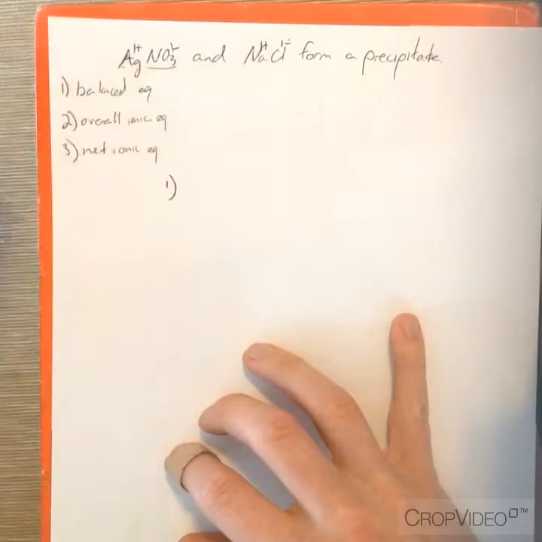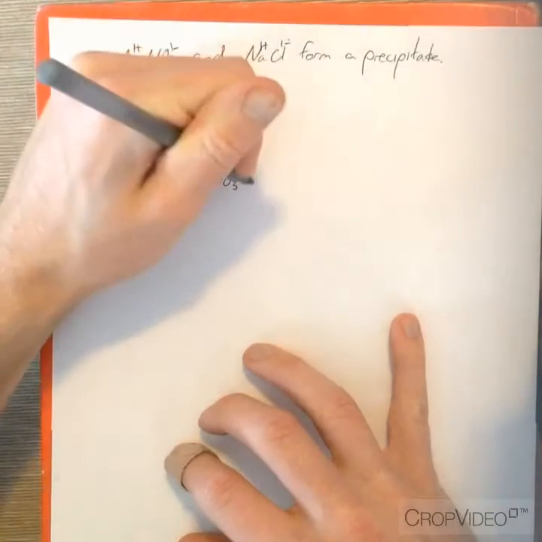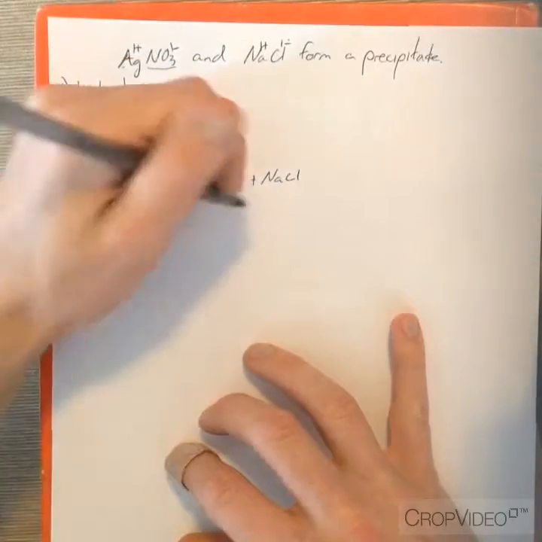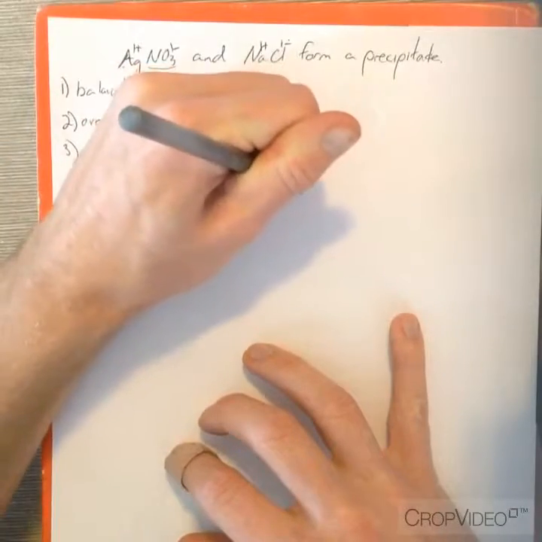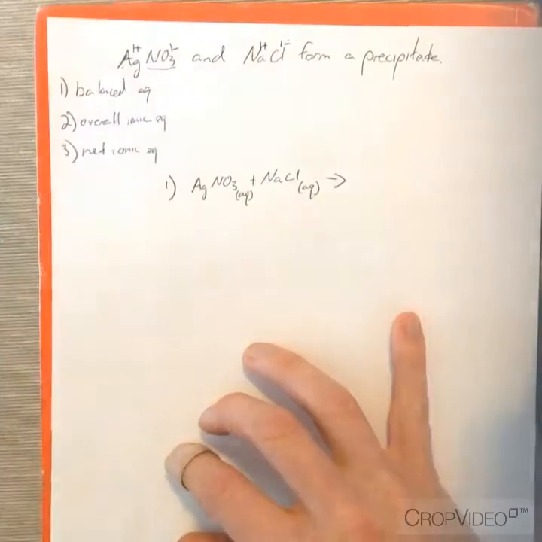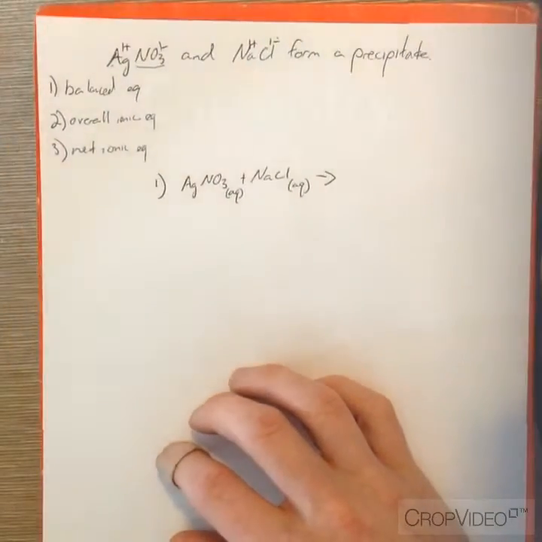So start off with the reactant side. And we are now keeping in mind the state that each of these are in. So both of those were aqueous state, meaning they were dissolved in water. And then we are going to switch our anions and our cations.